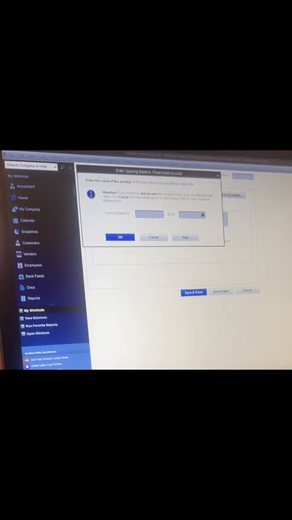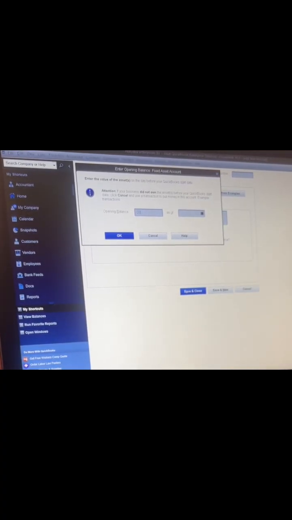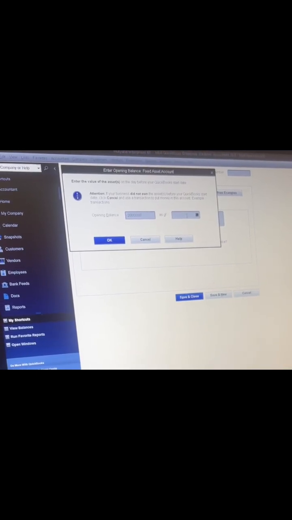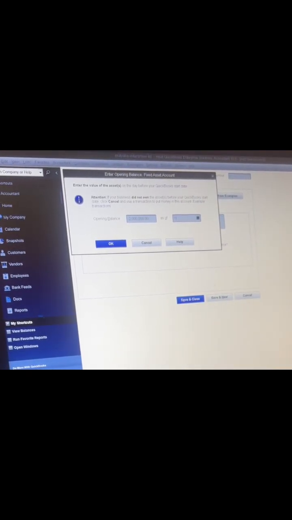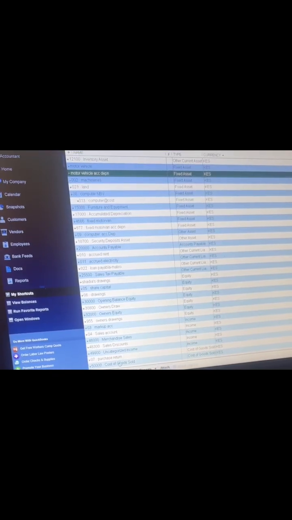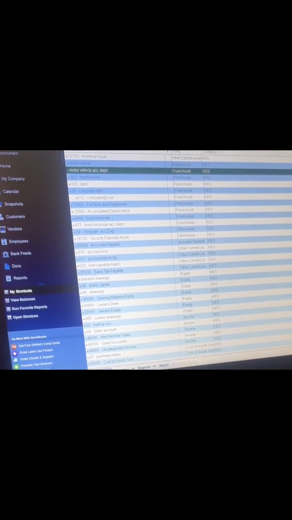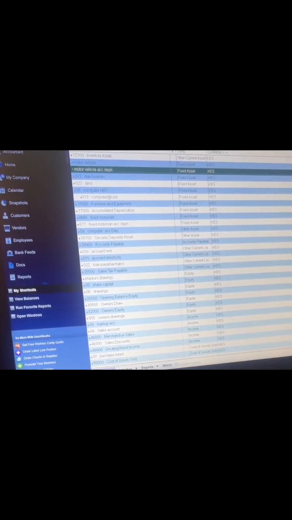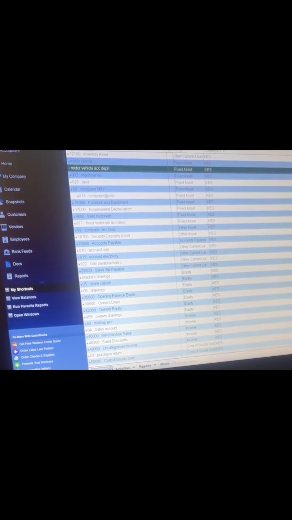Let's say negative 2M because the money is reducing, as of 11 October. Okay, and then save and close. Anyway, we are not going to create the drawings account. We shall use the other one, Shadia's drawings.